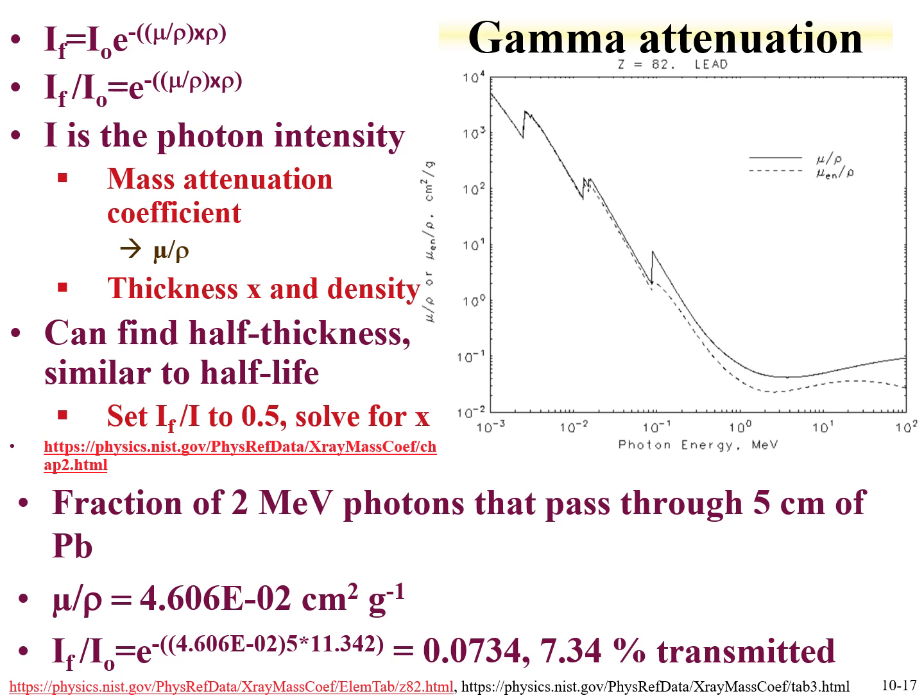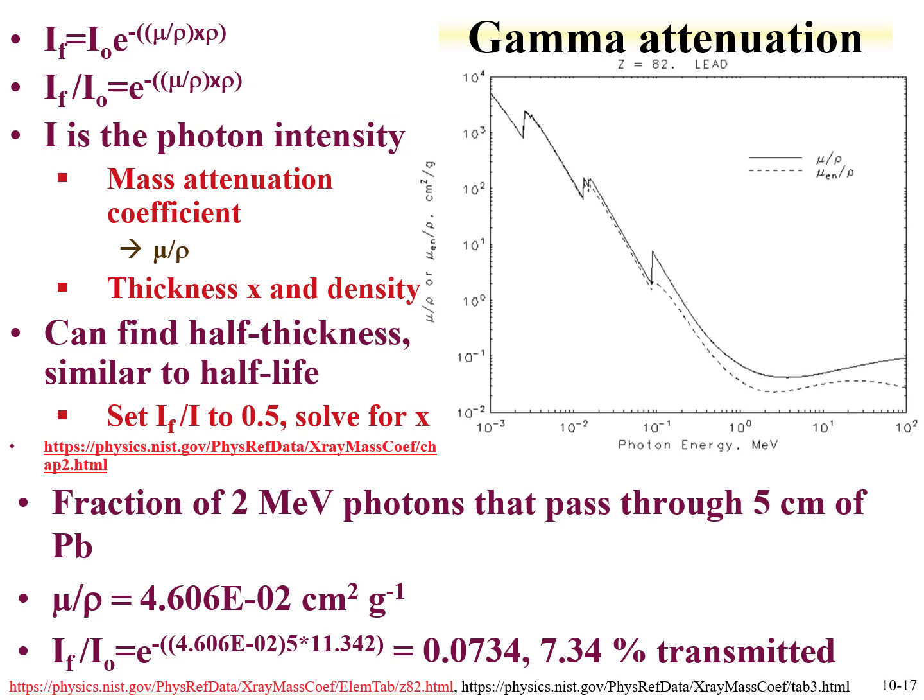As a simple example, one can determine what fraction of 2 MeV photons survive after passing through 5 centimeters of lead. One can go to, again, the NIST database, and look at the X-ray mass attenuation coefficients for 2 MeV photons.